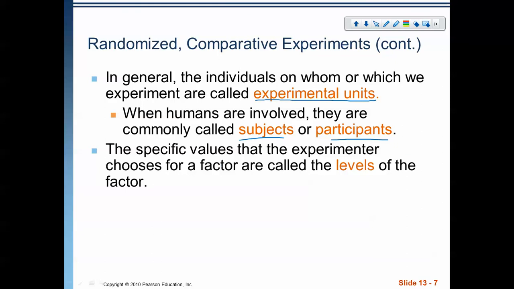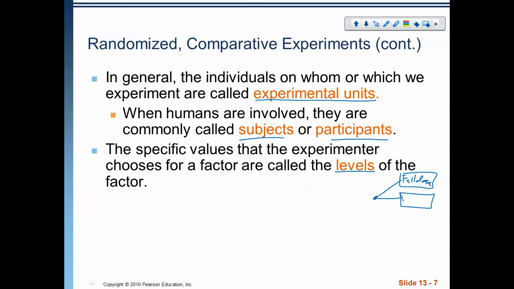The specific values that the experimenter chooses for a factor are called the levels of the factor. Let's say we wanted to test the effectiveness of a drug. We might have one level that is full dose, where they get a full dose of the drug.